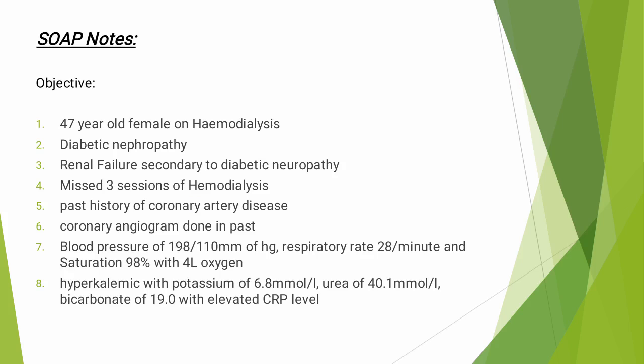And the objective findings were: 47 years old female on hemodialysis, diabetic neuropathy, renal failure secondary to diabetic neuropathy, missed 3 sessions of hemodialysis, past history of coronary artery disease, coronary angiogram done in past, blood pressure of 198 by 110 millimeters of mercury, respiratory rate was 28 per minute, and saturation 98% with 4 liters of oxygen.